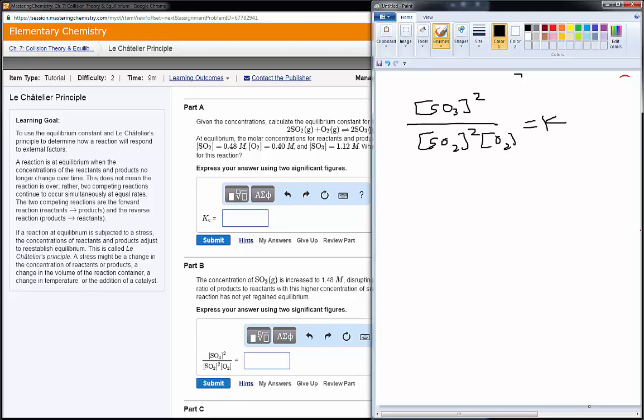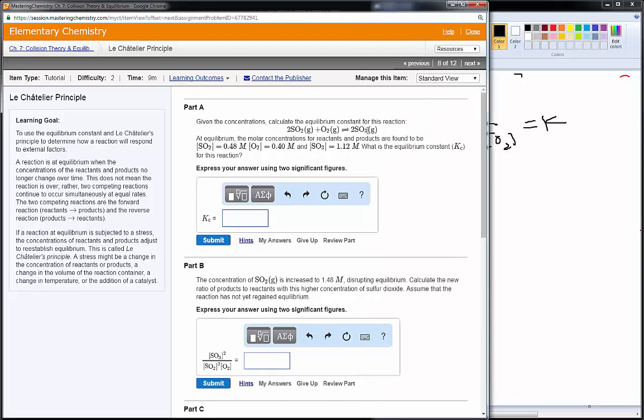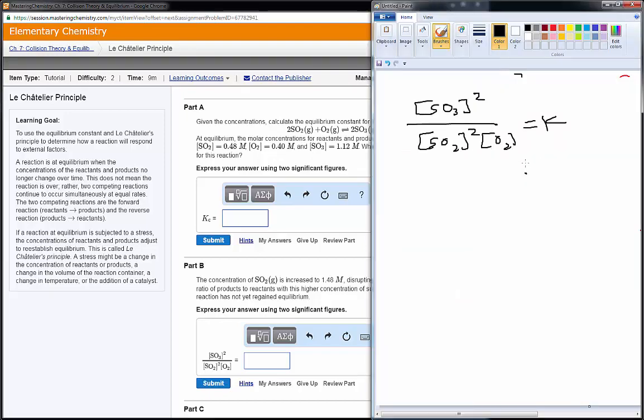That's going to be K, right? That's what it says here. And then they give us values. SO2 is 0.48. O2 is 0.4. And SO3 is 1.12. And they want us to calculate K.